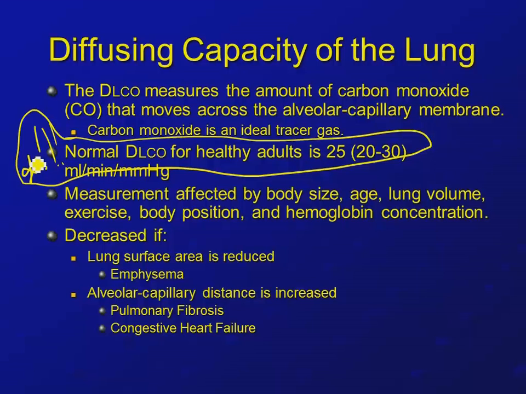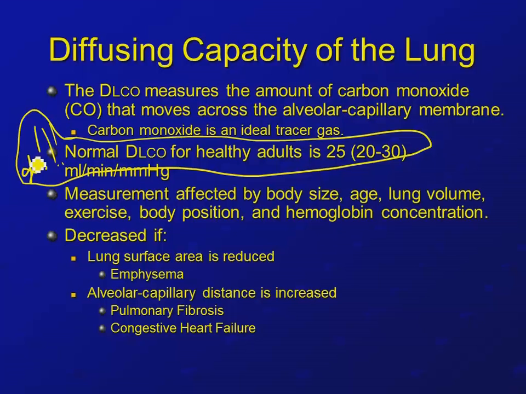You young whippersnappers have a whole lot more than I do. As we change body position, our lung inflates differently as we lie down versus as we sit up. That's going to affect it. One of the big ones is the amount of hemoglobin that you have. And there are adjustments made to this measurement based upon lung volume and hemoglobin value. But we'll get to that some other year.